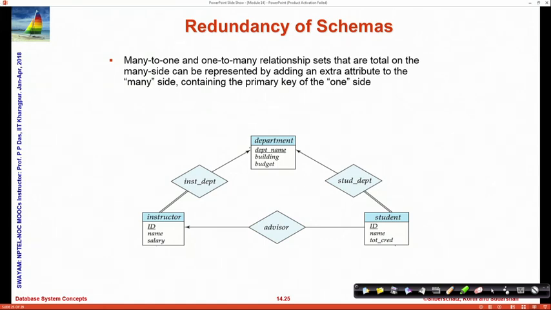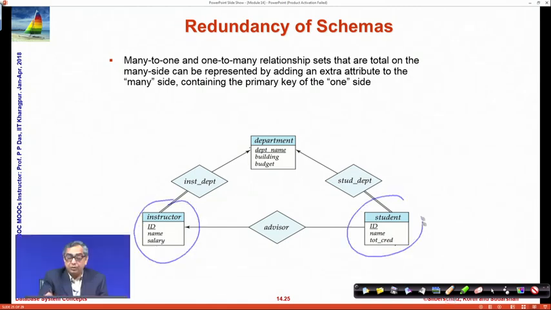Some of the relationships that we may have modeled, which we have done in doing the database ER schema, could have redundancy. For example, take a case here, we have the instructor and we have the student, the advisor relation is incidental here, and we have department.